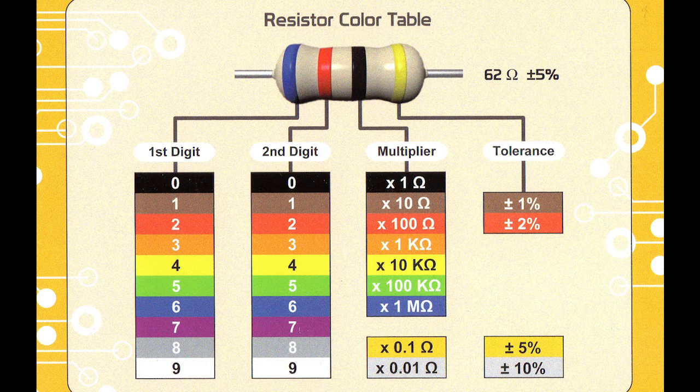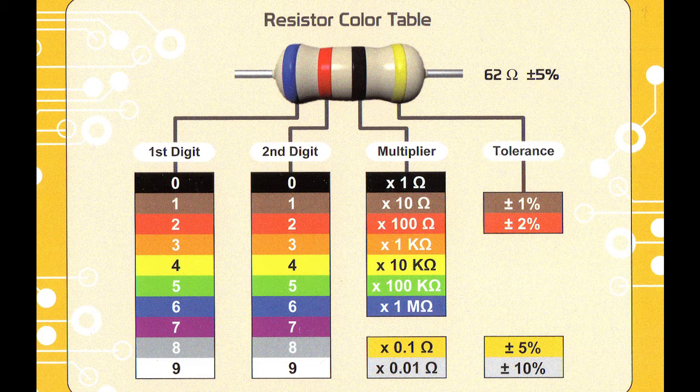Okay, so we're going to start on the opposite end of the silver or gold band, and those first two colored bands are telling us digits, the first two digits of the resistance value of this resistor. The third band is a multiplier, so we multiply, and it's usually like multiply by 10, multiply by 100, multiply by 1,000. It's basically just how many zeros you add.